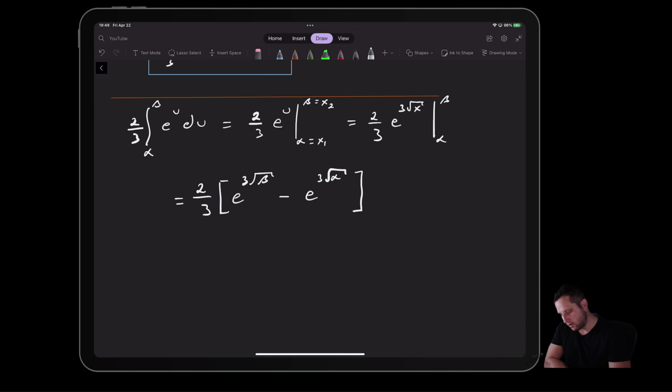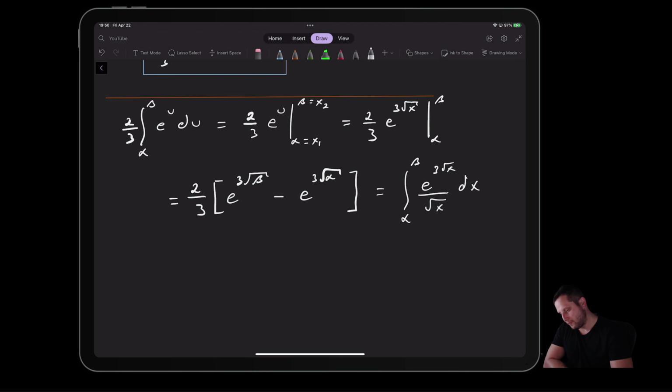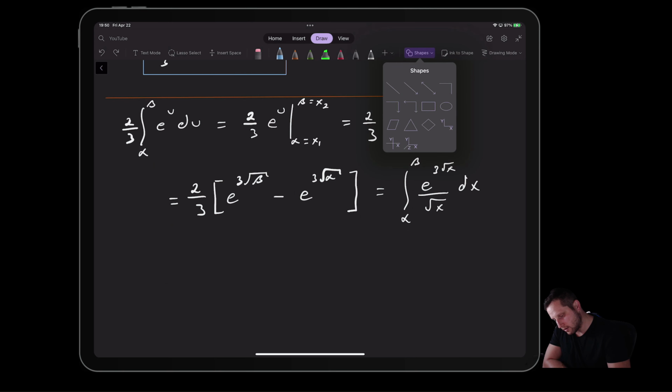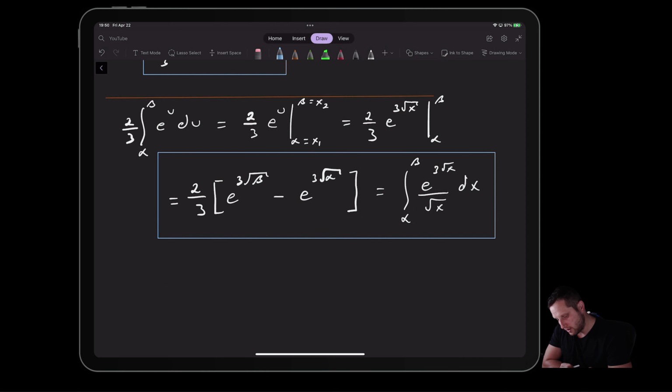And then that is your final result for the definite integral with limits from alpha to beta of e to the 3 root x over root x dx. Okay? So if you have a number, all you have to do is plug these numbers in for alpha and beta, and then that is going to be your result.